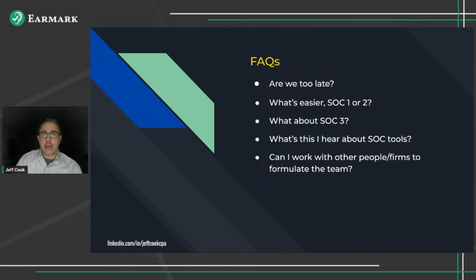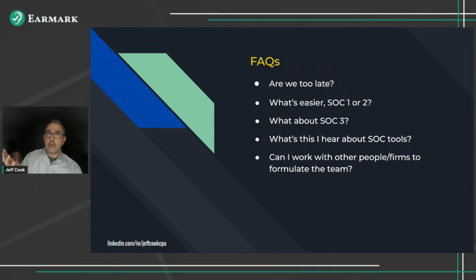What about SOC 3? What's important to know about SOC 3 that I did not mention before is that in order to do SOC 3, even though it's a redacted report, you still have to do all the work of the SOC 2. So you have to do all the testing, all the documentation, evidence gathering, etc. You're just doing a more basic report. Some people say, oh, I just want a SOC 3.